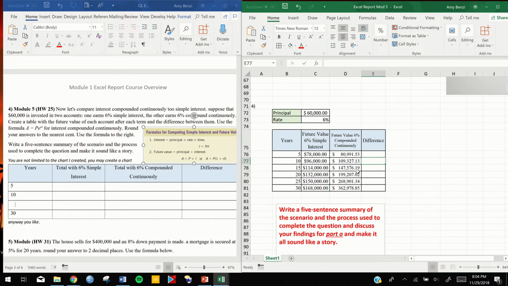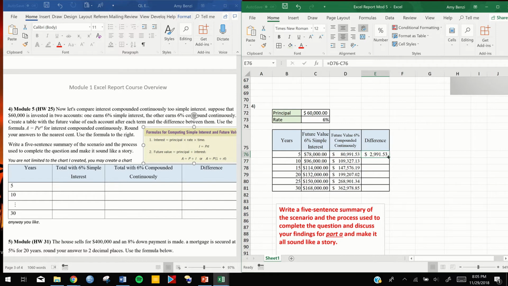All right, now let's look at the difference. Whoa, you can see the values here. The compound interest grew in 15 years almost to what it took the simple interest 30 years to grow. So let's see what the difference is. The difference is going to be one value minus the other value. Obviously the larger minus the smaller.